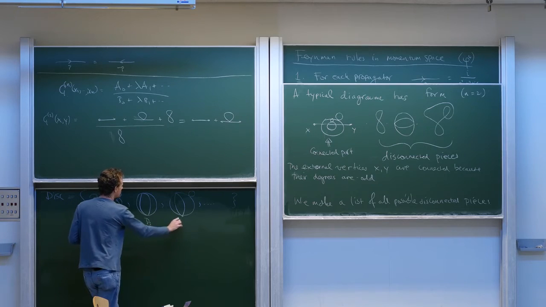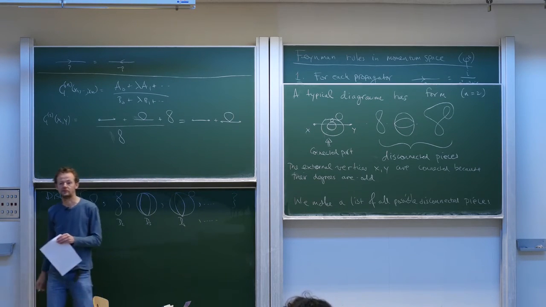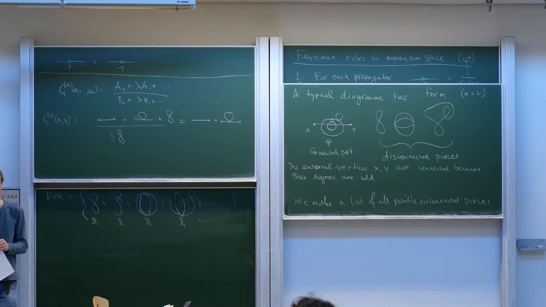This is D3. This is D4. And as I said, it's a countable set, so we can assign a unique D sub n to every diagram in that list.